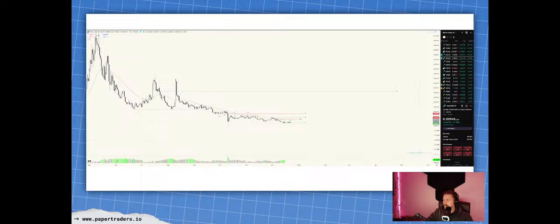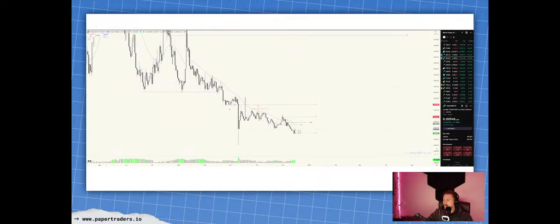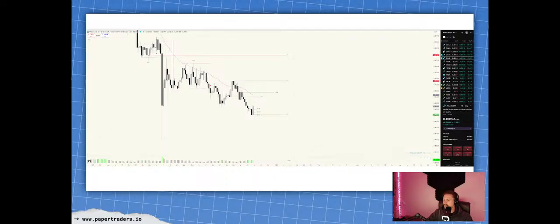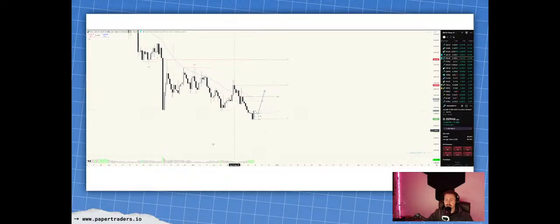AVEEI, that one does give decent runs as well, so that's something to look for. Already an outside day, so maybe going into tomorrow we could be watching for this to be an OB, possible retrace like this into it, and then continuation through that. Let me outline that.